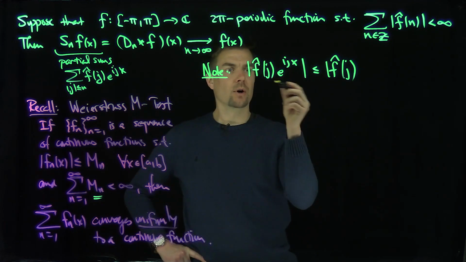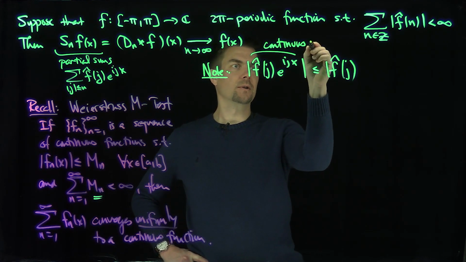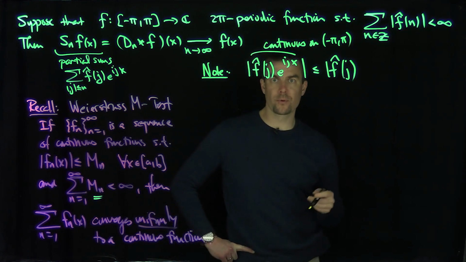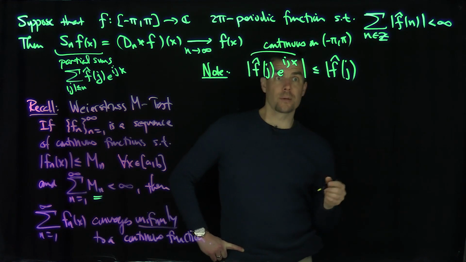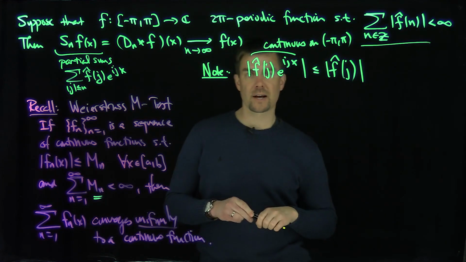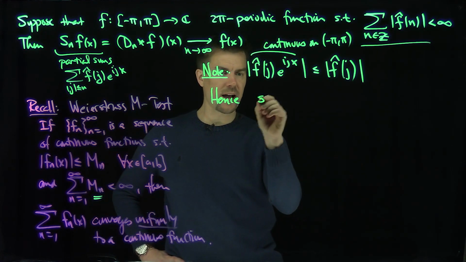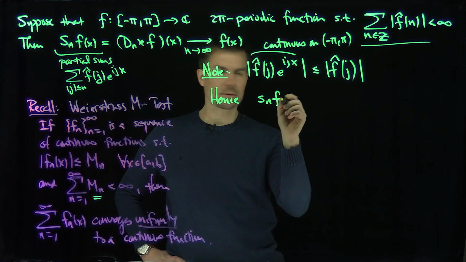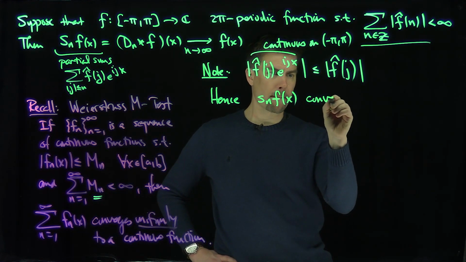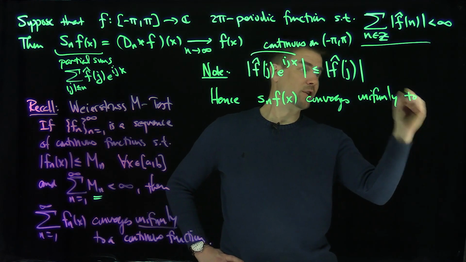And these functions are continuous on [-π, π], you can take it open if you want or closed. So I can apply the Weierstrass M-test, and so now I know that these numbers converge. So by the Weierstrass M-test, hence these partial sums, hence S_n f of x, converges uniformly to a continuous function.